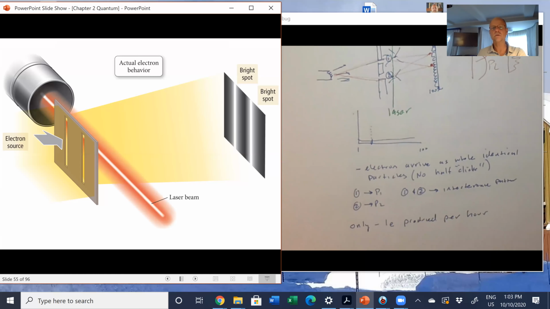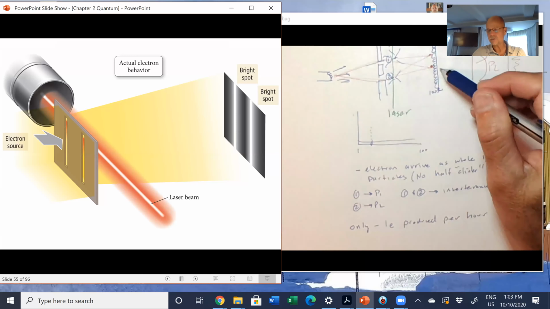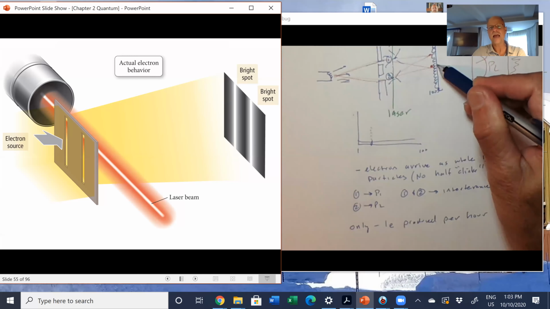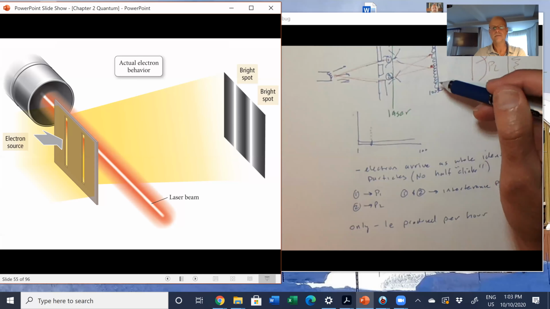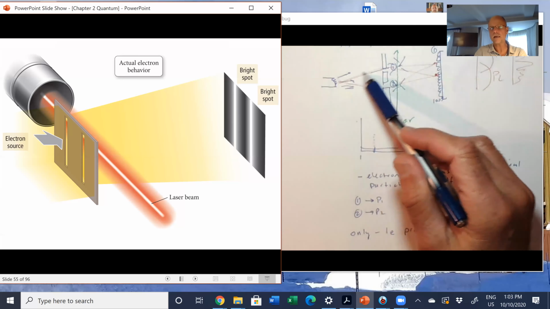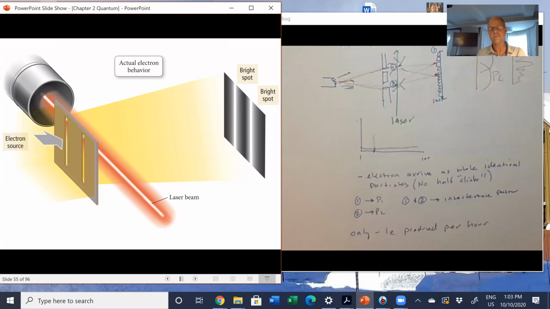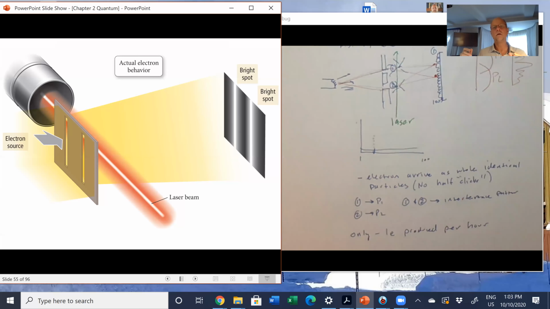We're going to start to turn this filament down until we only hear 1 click every hour from this array of detectors, right? And what we're trying to do is make sure there's only 1 electron going through the apparatus at a time. Because if there's only 1 going through at a time, then we shouldn't see an interference pattern, right?